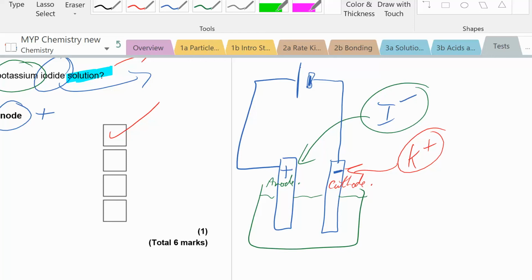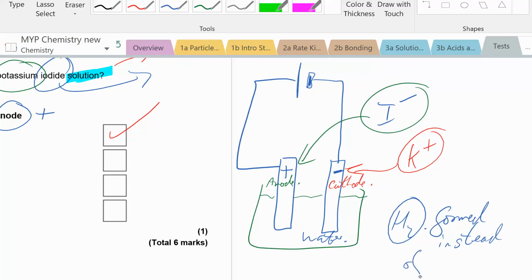However, because there is also water present, if potassium forms, it's going to straight away react with the water and form hydrogen gas instead. Like you already know, if we put a little piece of potassium on top of water, hydrogen gas is formed. So hydrogen formed instead of K.